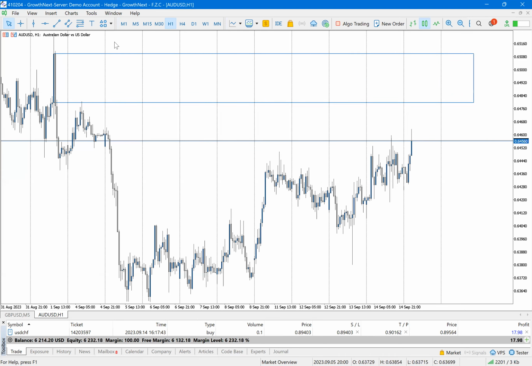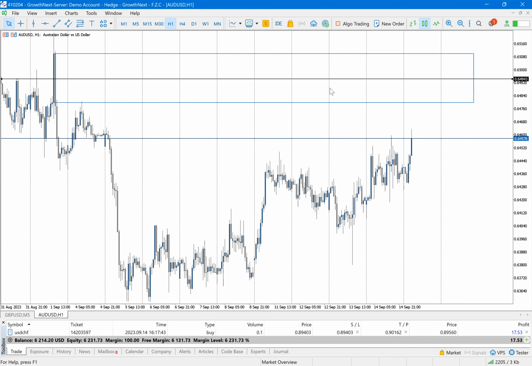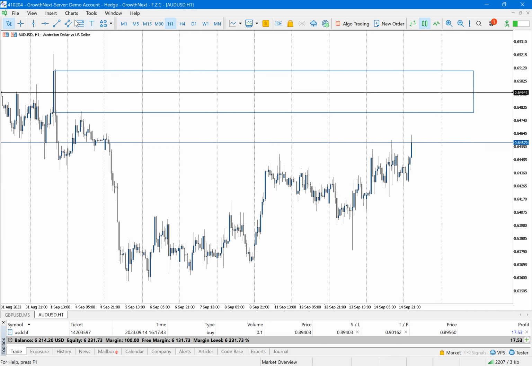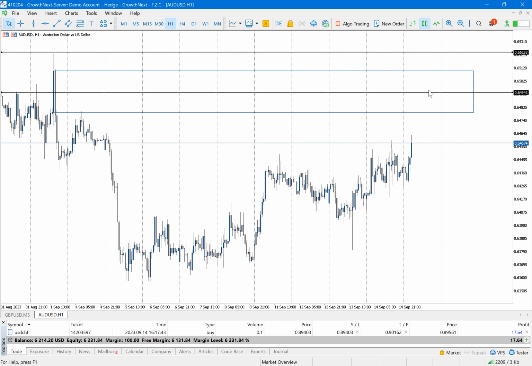And our entry is going to be somewhere in the middle of the zone, wherever that imbalance was. Let's just say that's my entry, and then my stop loss is going to go right above that wick, which would be here. So in this case, we're looking at a 30 pip range from our entry to our stop loss. So from here, I can go ahead and put in a trade position.